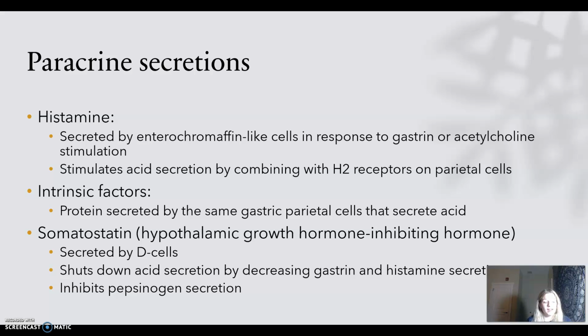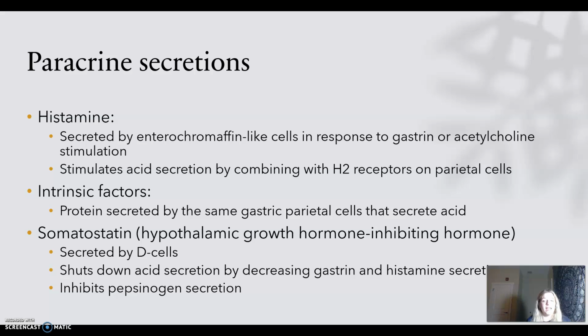H2 receptor antagonists block histamine action and are a second class of drugs to treat acid hypersecretion. The next point is intrinsic factor, a protein secreted by the same gastric parietal cells that secrete acid. This complexes with vitamin B12, which is needed for vitamin absorption in the intestine.